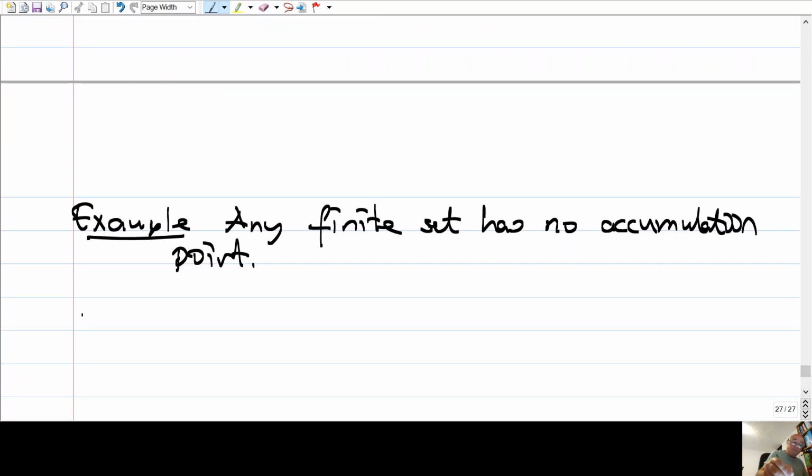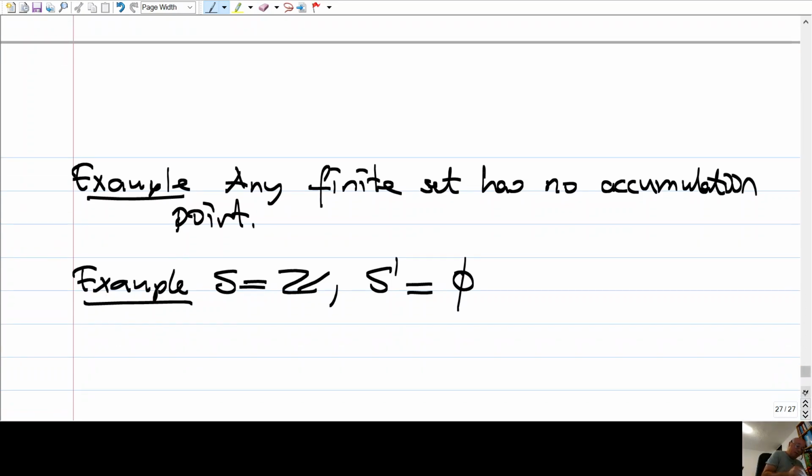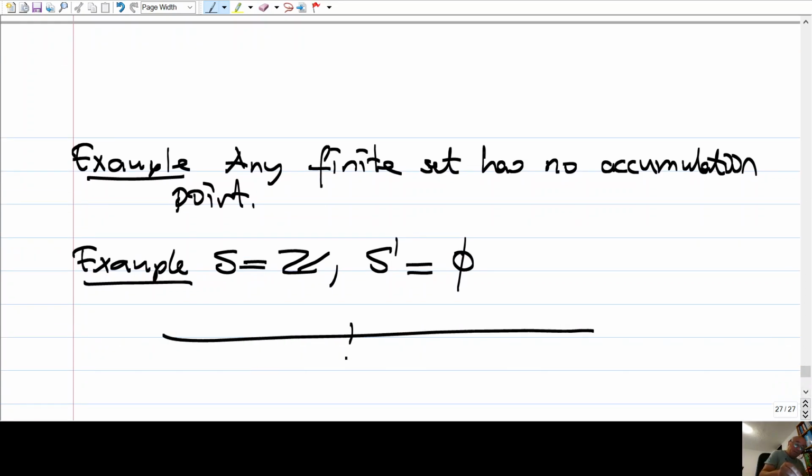However, having infinitely many elements doesn't guarantee that the set has an accumulation point. For example, let's choose S to be the set of integers. What are the accumulation points? For Z, can you tell me what is S prime, the set of derived, accumulation points? Yeah, it is empty, right? Because you see, 0 is here, 1 is here, 2 is here, 3 is here, -1, and so on.